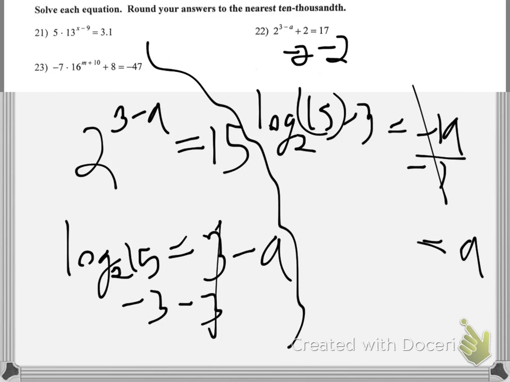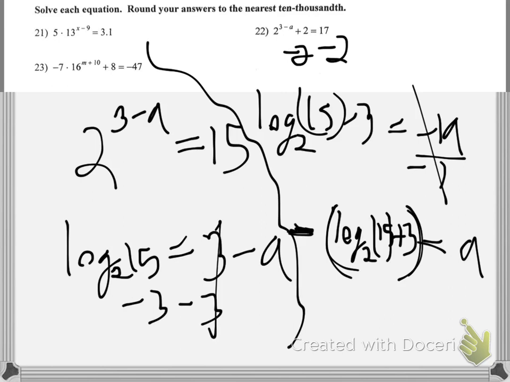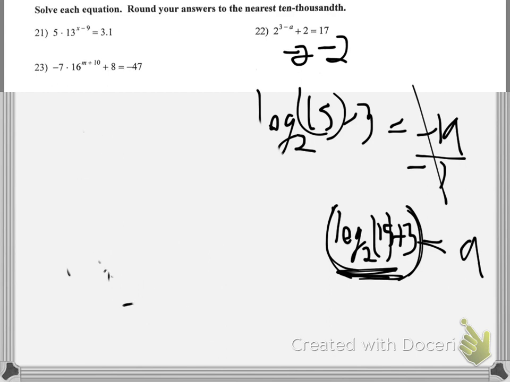Then it's the same thing as what you had, but all of that times a negative: a negative 1 times log base 2 of 15, all plus 3, and then times that answer by a negative. Once you get an answer, you can do change of base stuff with that too.